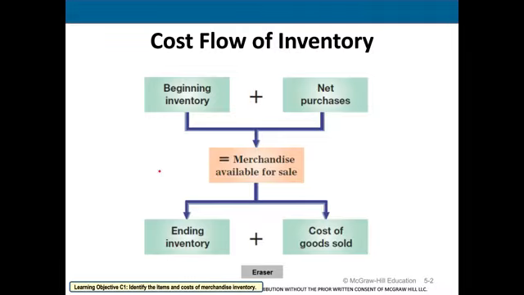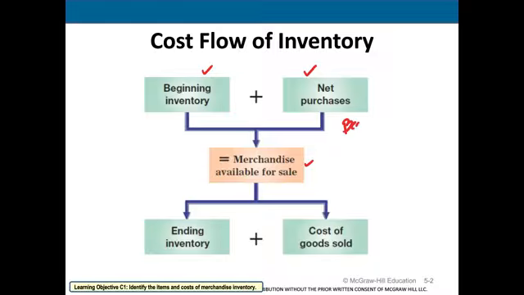As you know, to calculate the cost of goods sold, you're going to take your beginning inventory plus your net purchases, which gives you the merchandise available for sale, also called goods available for sale. Then you take that number minus your ending inventory, which gives you your cost of goods sold.